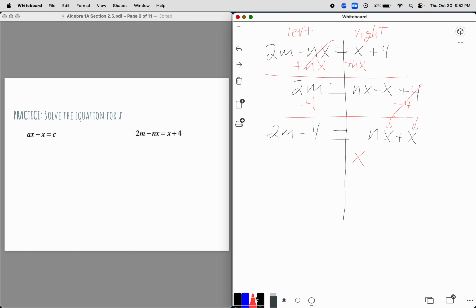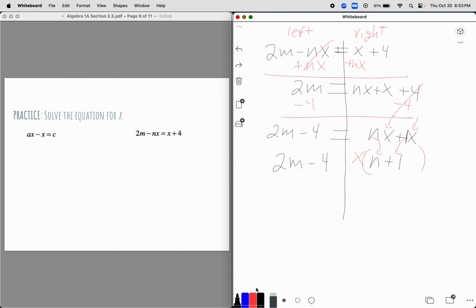In this case, what's left over is an n here, and that's where the n is going to go. Plus sign is going to go in the middle. And remember, there's a 1 here, and that 1 is also going to drop as well. So now we have x times the sum of n plus 1 equals 2m minus 4.